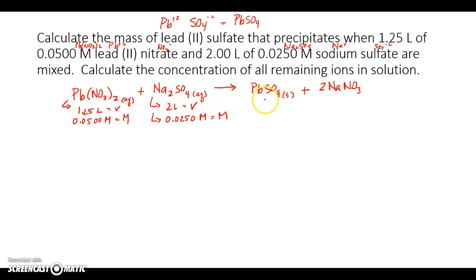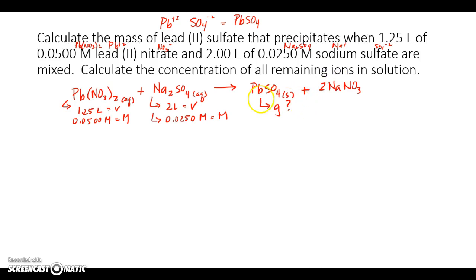And what this is looking for is the mass. So we are looking for grams of lead sulfate that have been precipitated out. What makes this unique in this limiting reactant problem is that, do you notice how for your reactants you have all the information? That means we need to figure out which one of these reactants is going to run out first and base that answer on which reactant will run out first to give us our product.